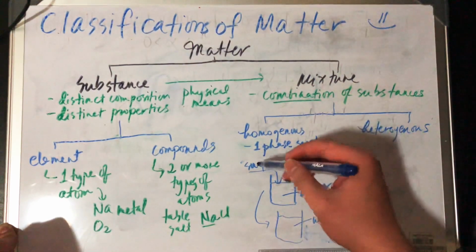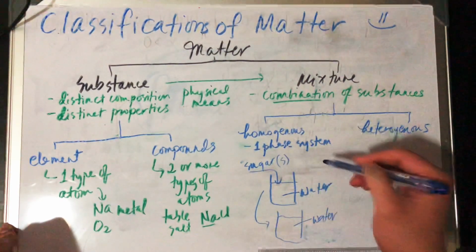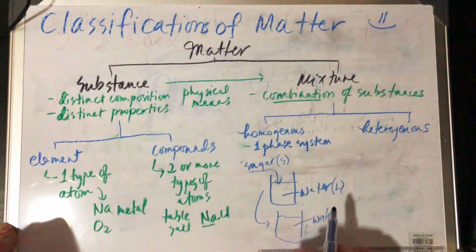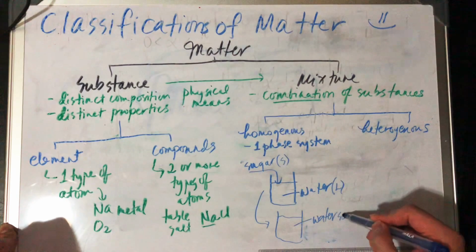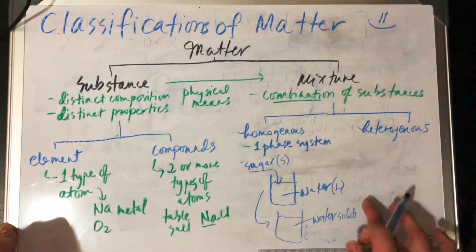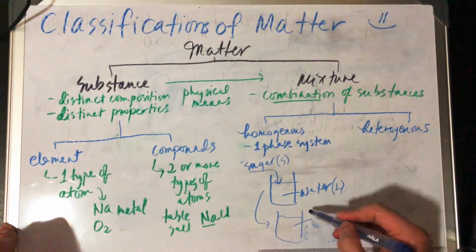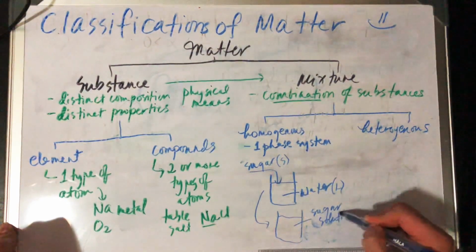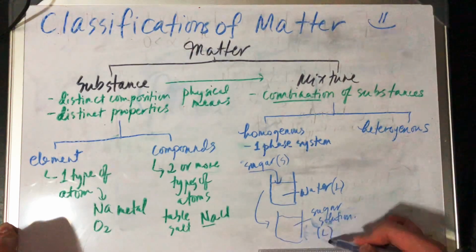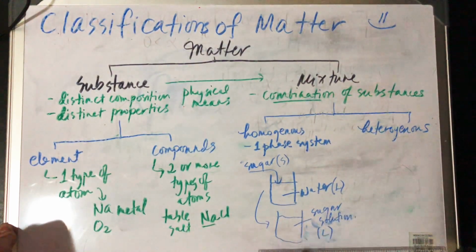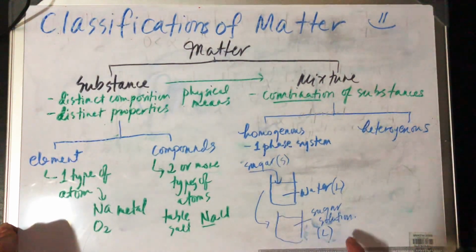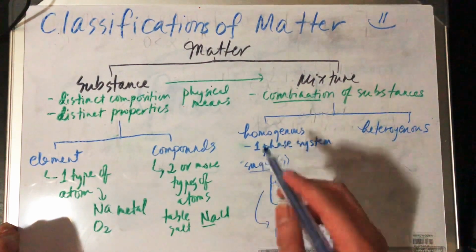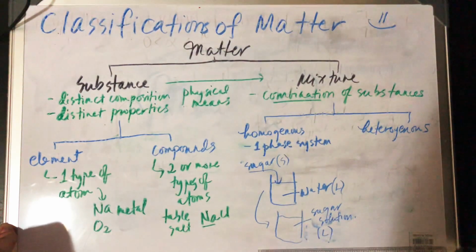Sugar is a solid and water is a liquid, but when mixed together, the sugar solution only appears as liquid. You don't see any solid. That's why it's called a homogeneous phase, or a one-phase system.